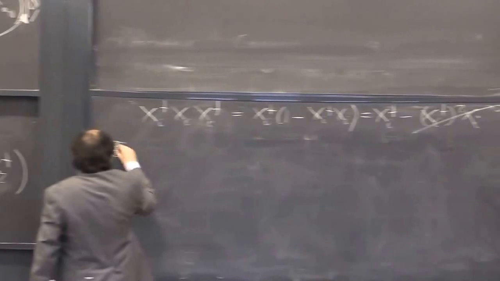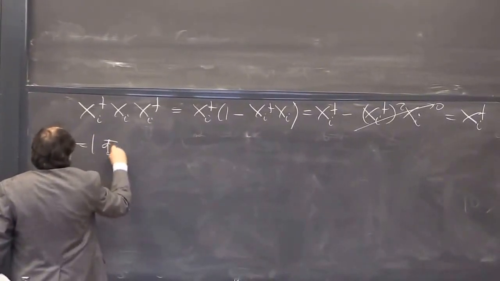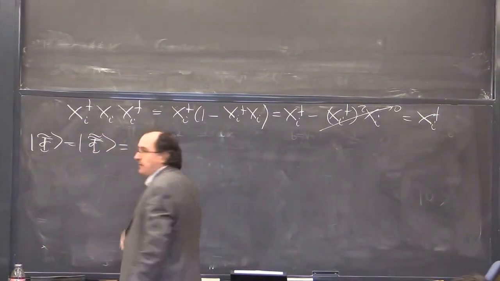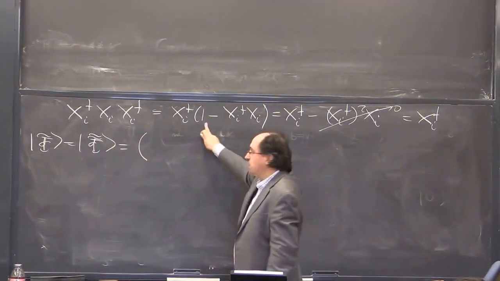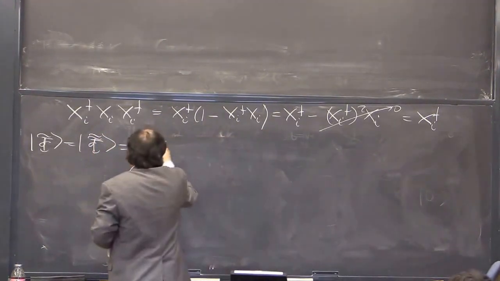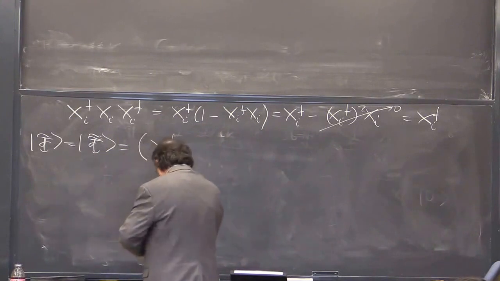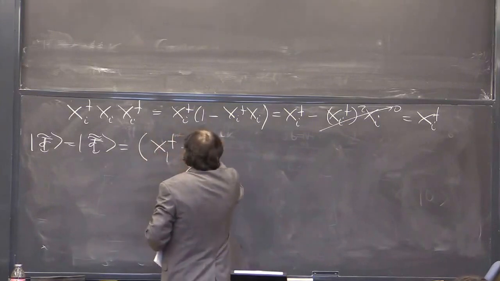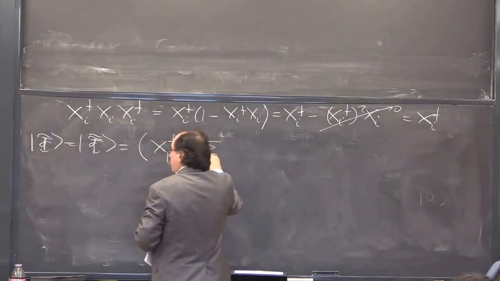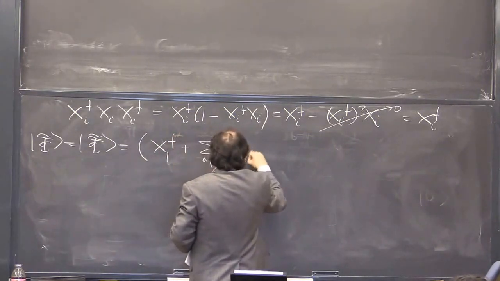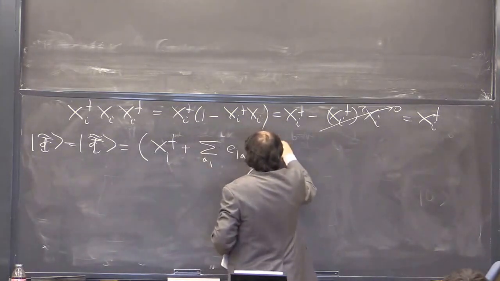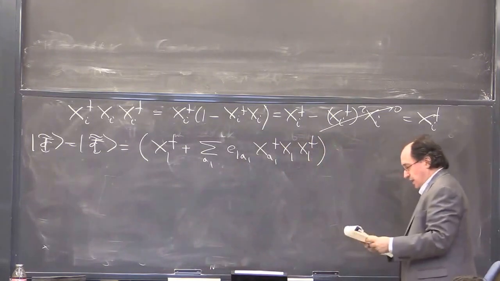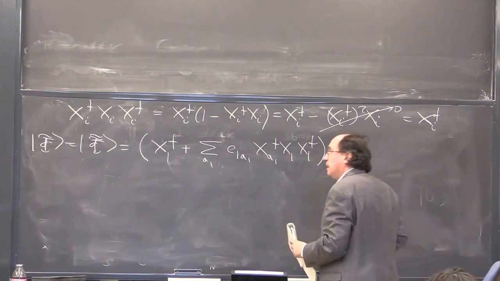So we have T tilde equals P double tilde equals. I'm going to replace each of these triple products by a single operator. Okay, using this equation. So we have x1 dagger plus a summation over a1, c1, a1, x a1 dagger, x1, x1 dagger. Okay, that's how the first expression will look like. Right?